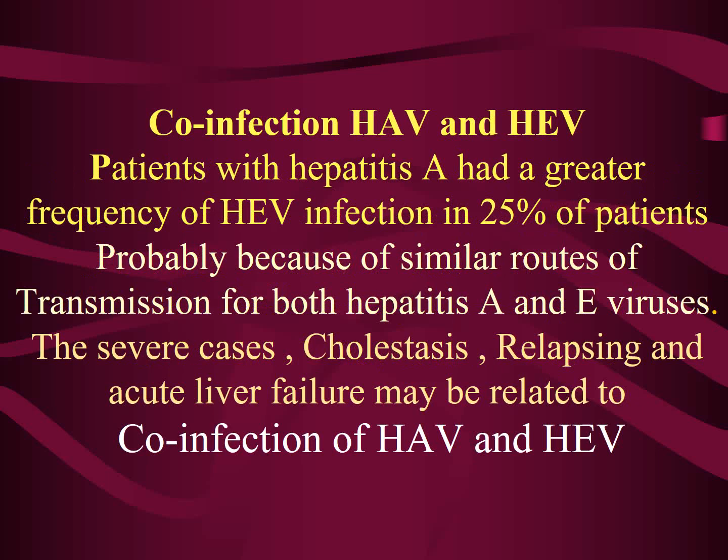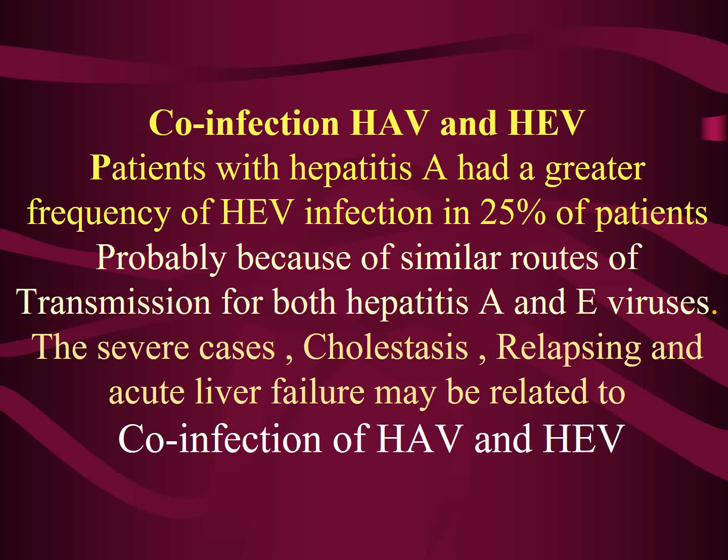Now, the co-infection with hepatitis A virus. Patients with hepatitis A virus had a greater frequency of hepatitis E virus infection, in 25% of patients. Why? Probably because of the similar route of transmission of both hepatitis A virus and hepatitis E virus, through unhealthy foods.